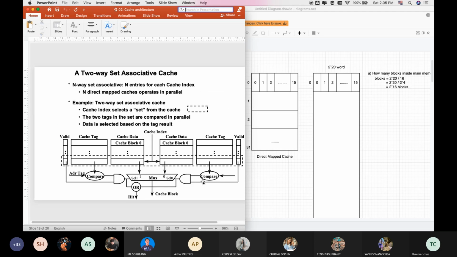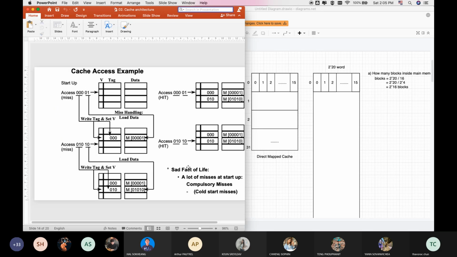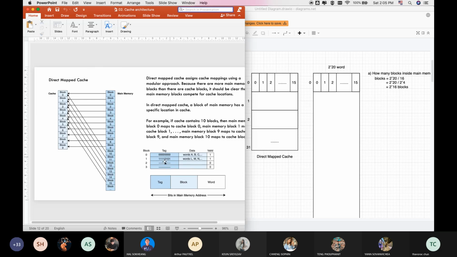From the presentation we have, I told you that when it maps the data from RAM into cache, it needs to convert the address into 3 sections: the tag, the block, and the word.